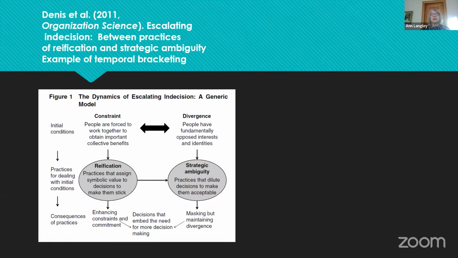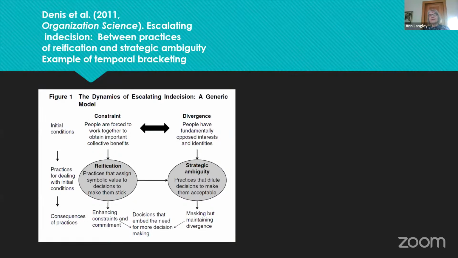decomposing by time period. So this is a paper that I wrote with Jean-Louis Denis and some other co-authors, and it's about a merger of 3 hospitals. And they were in a double bind. They had a real tension because on the one hand, they had been told that they would get a lot of money if they agreed to merge.